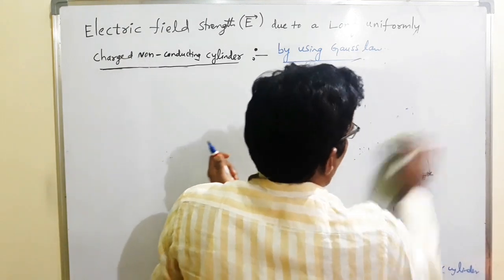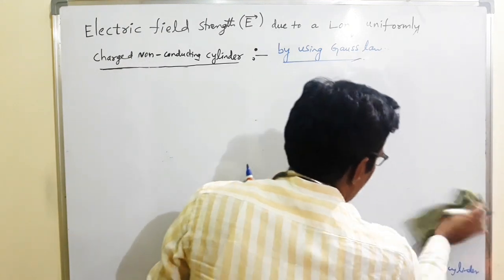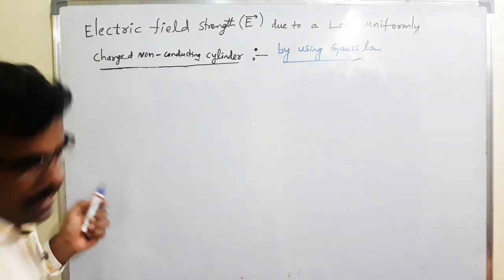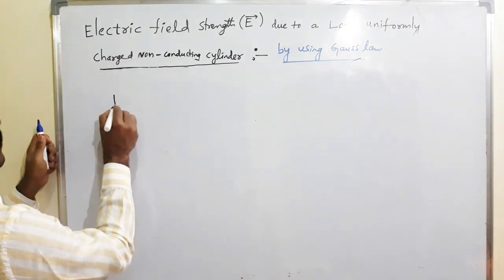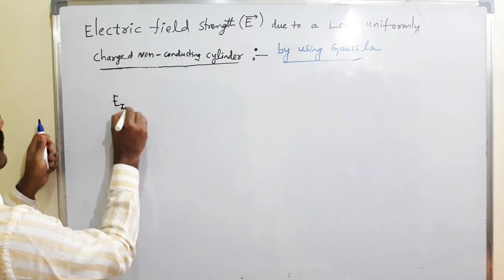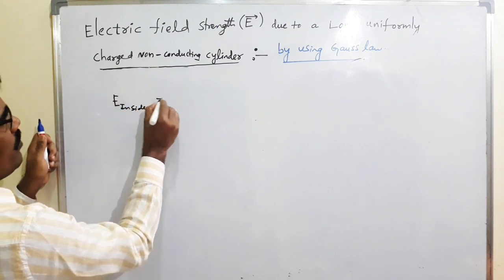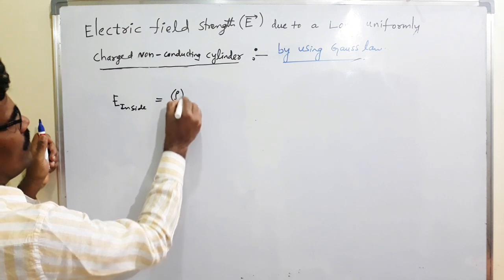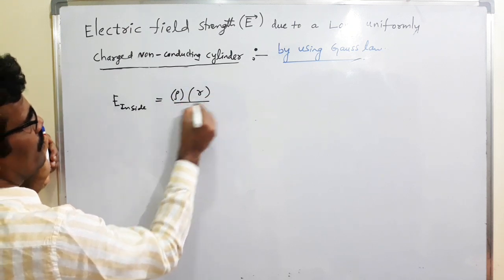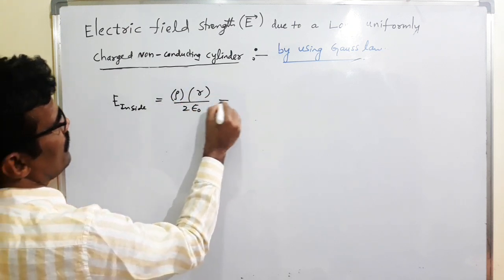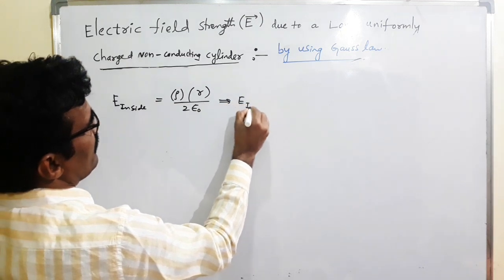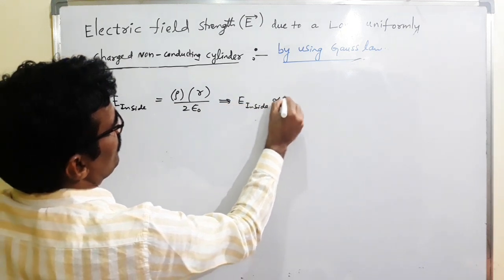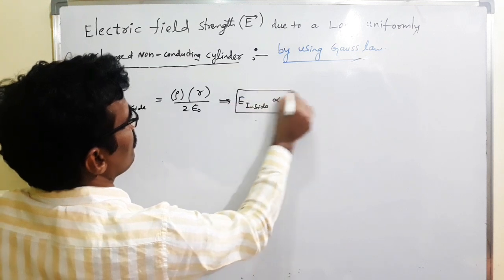Students, listen, we want to draw the graph between intensity of electric field and distance. Listen carefully. Inside at any point, the field is rho into small r by 2 epsilon naught, directly proportional to distance.